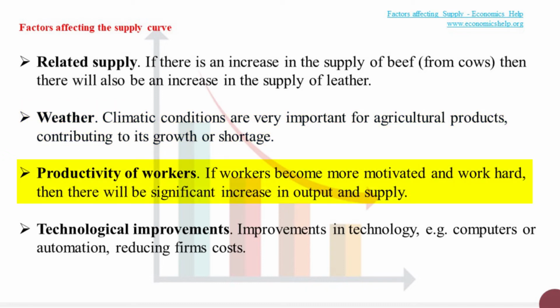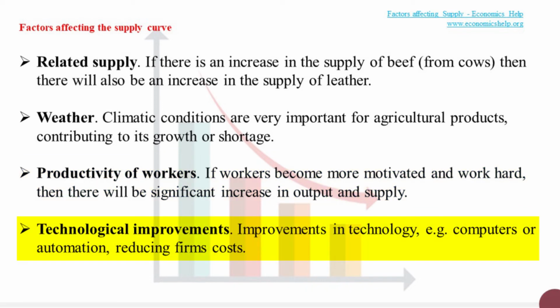Productivity of workers. If workers become more motivated and work hard, then there will be a significant increase in output and supply. Technological improvements. Improvements in technology, for example, computers or automation, reduce firm costs.